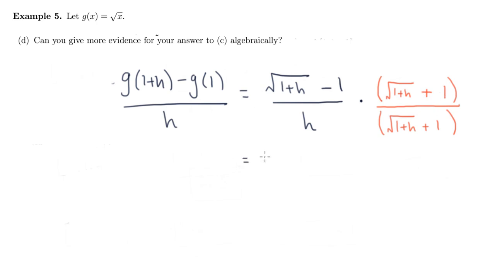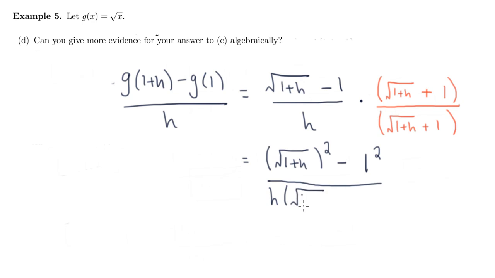So what this should end up being, in the numerator at least, is square root of 1 plus h squared minus 1 squared. Just go back to those factorizations of difference of squares: this squared minus this squared is that minus 1 times that plus 1. And then in the denominator, I can't do anything with the denominator. It just is what it is, so to speak.